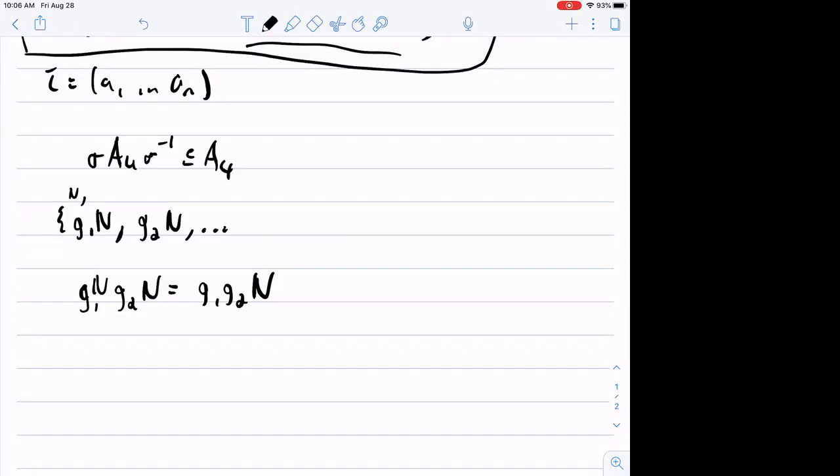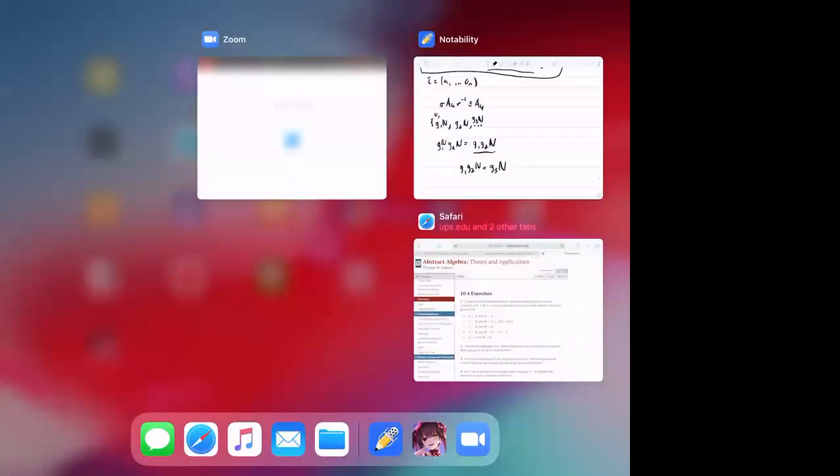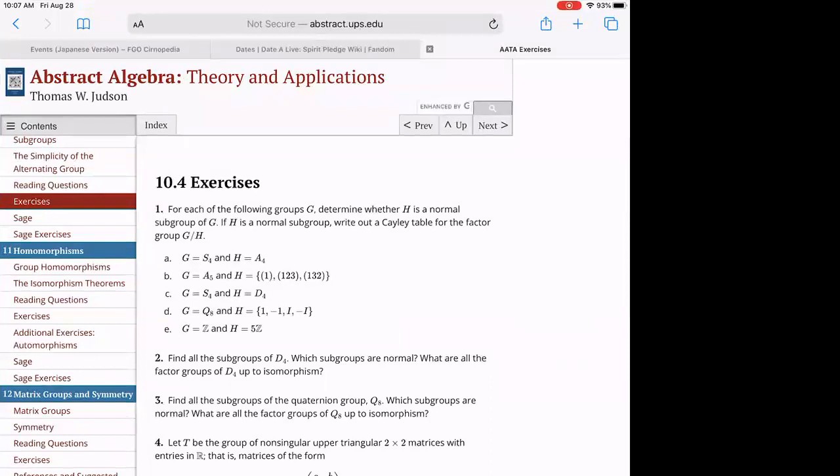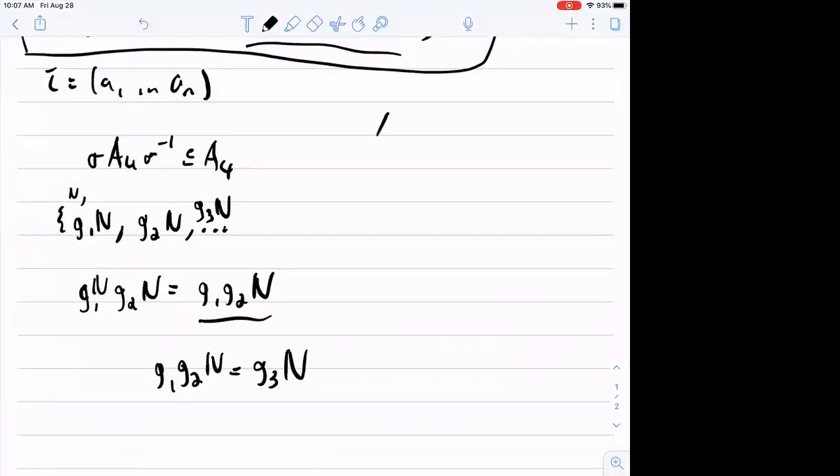Okay, thank you. So this thing could be equal to G3N, but it's using a different representative. Do you get what I mean? You have to figure out, for example, in part, let's do part A. A4 is H. Anything in A4 times H is equal to EH.